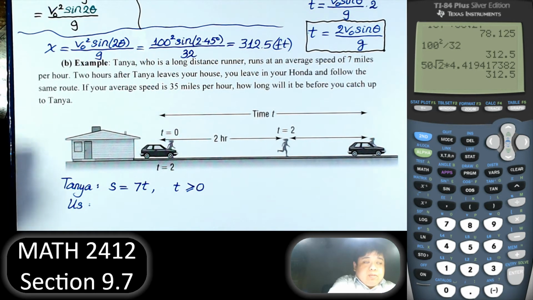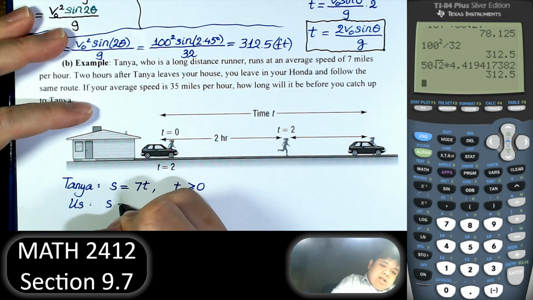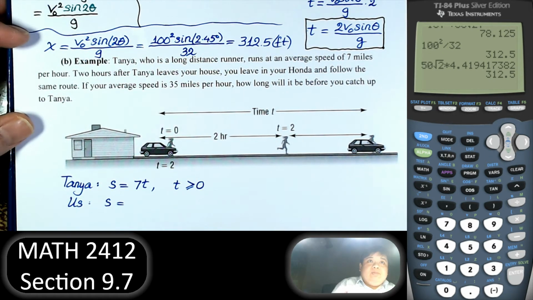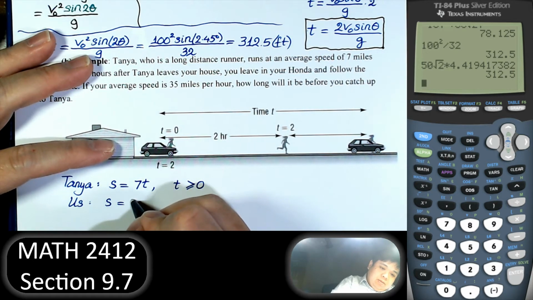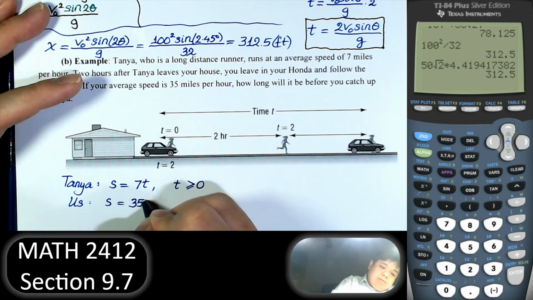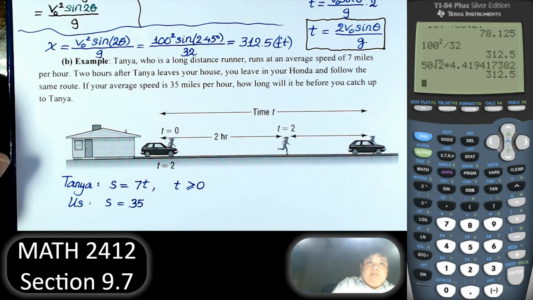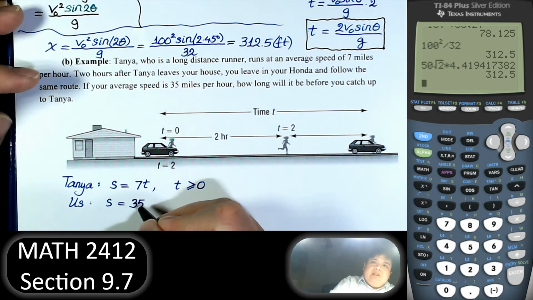Now, next, we leave the house, but 2 hours later. And 35 miles per hour times time. I will not use t for time because that time starts from 0, so let's use a different time.